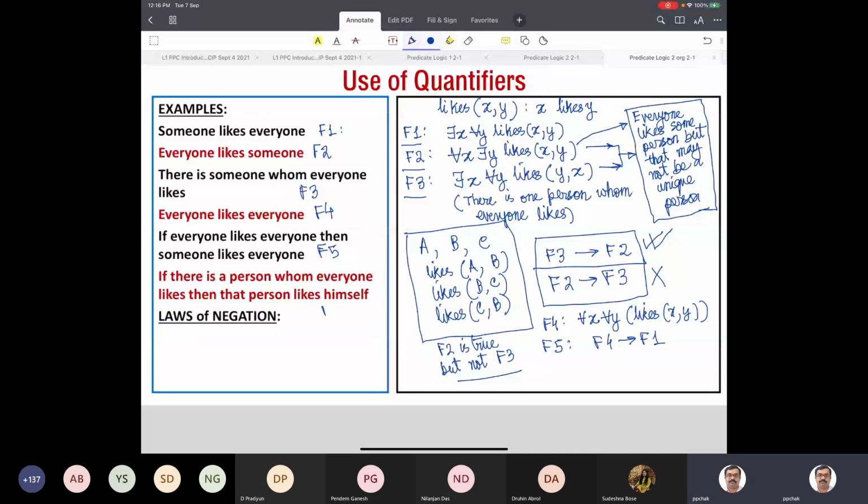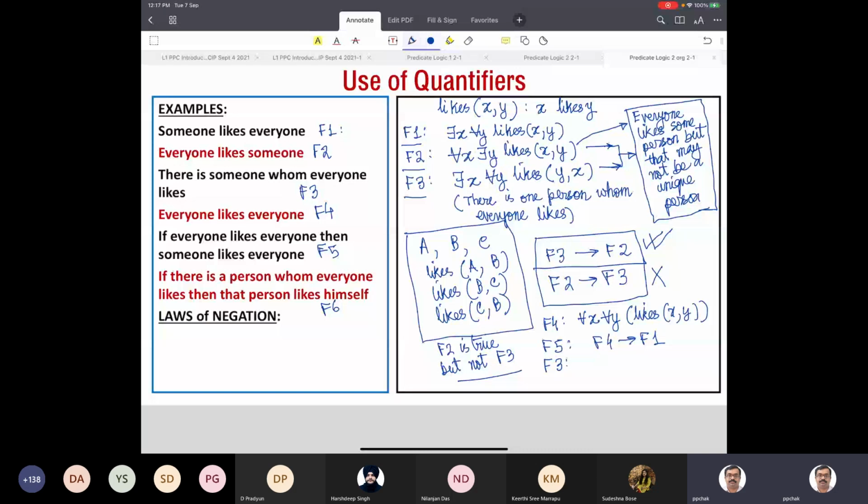What about F6? F3 implies likes X, comma X. Yeah, but for F3, you have to make sure that X is taken throughout.